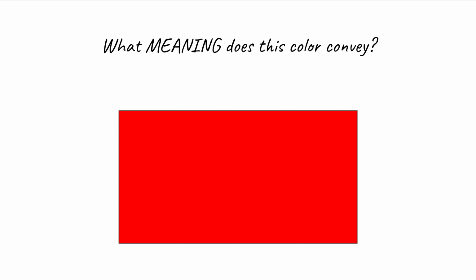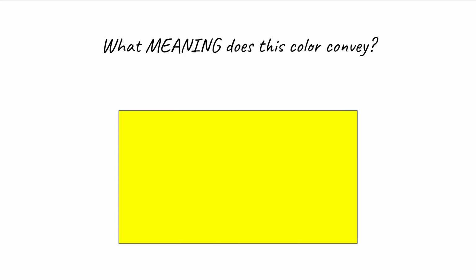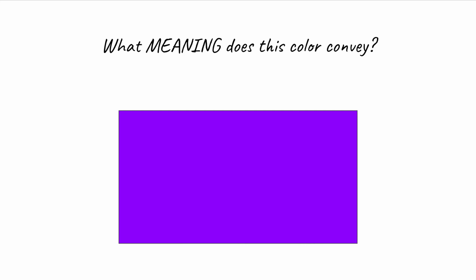That's what red can mean to some people. So in your head, what does this color mean? Cheerful, energetic, for example. Purple. This has always been like royalty to me. Somewhat mysterious, creative.